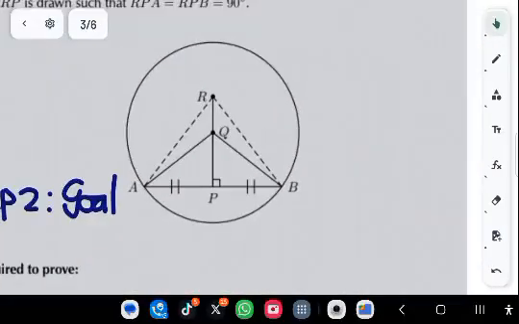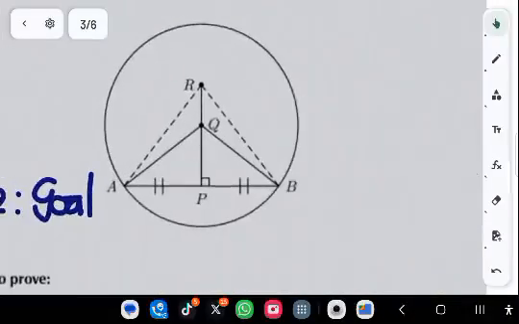But what is it that we are trying to prove? We are basically going to prove that whatever point we draw or plot on the line RP, it will end up equidistant from A and B, as long as P is the midpoint of the chord. So it does not matter whether we draw Q, AQ will be equal to QB. If we draw R, RA will be equal to RB.